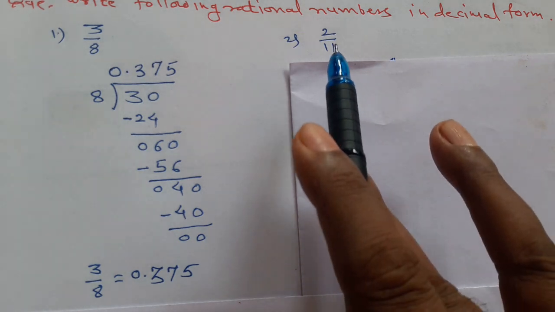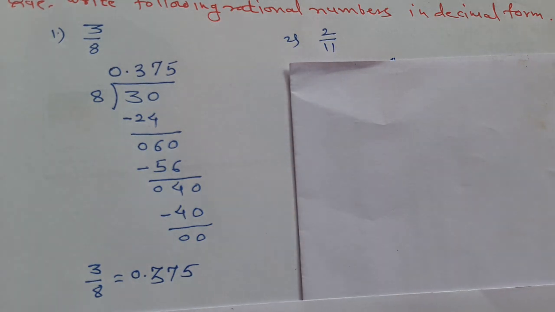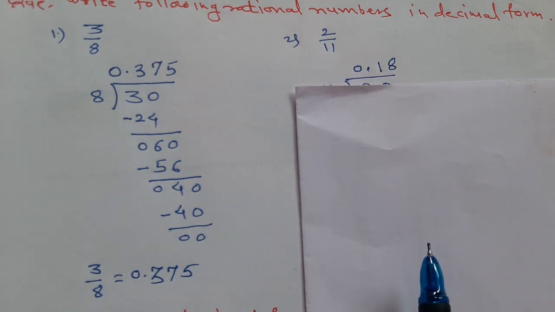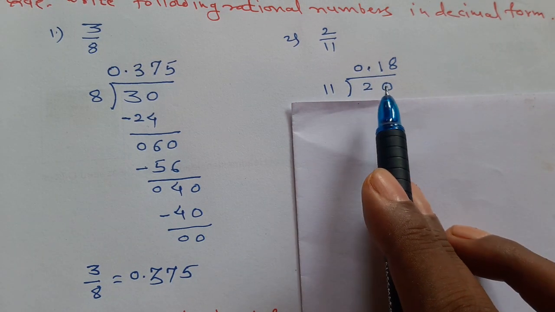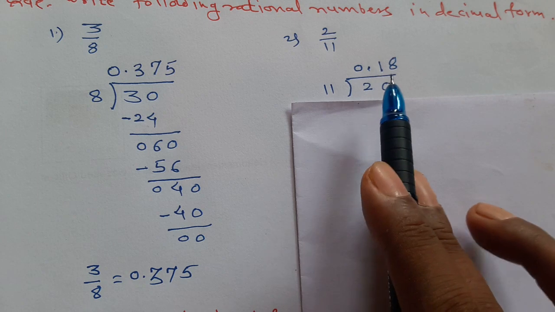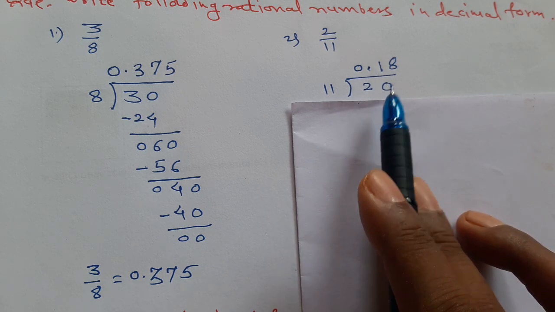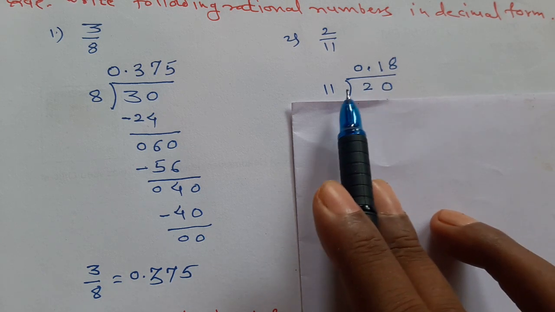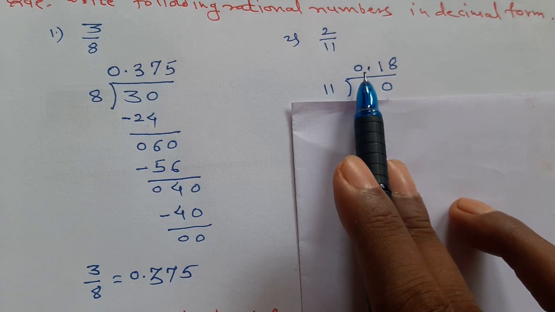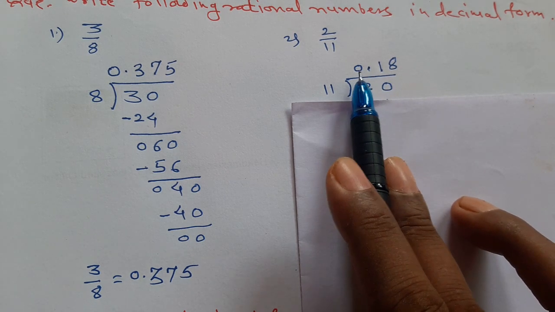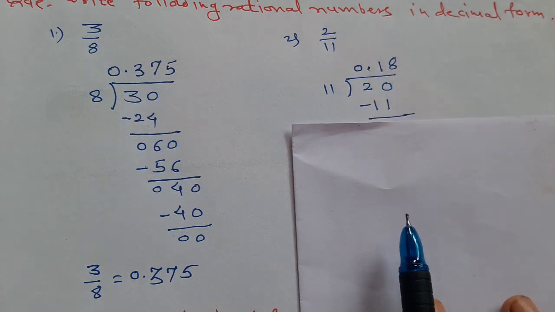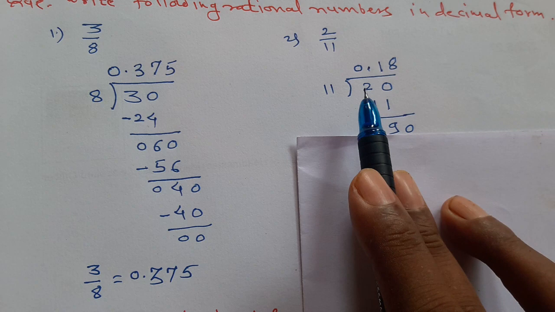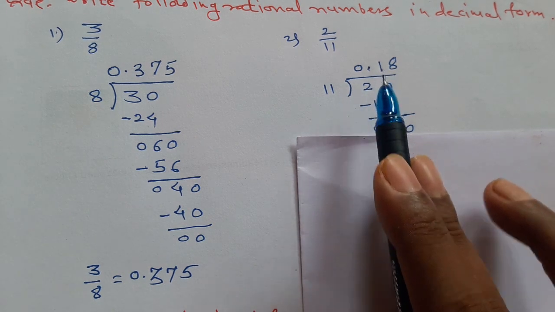2 upon 11 we take here. Then 2 divided by 11. 2 is less than 11, so we take a 0, then here it will be 20 divided by 11. The quotient will be 1.